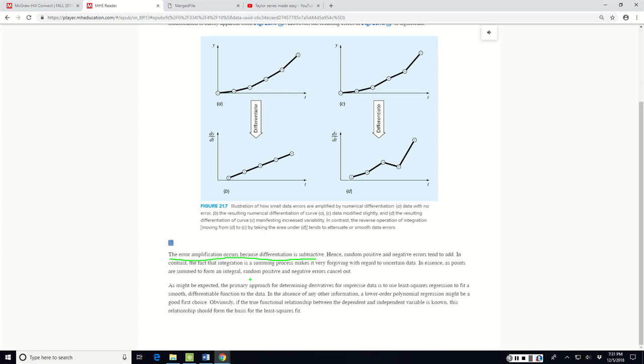So in the summing process of integration, the positive and the negative errors tend to cancel out. So it's more forgiving. In differentiation, this doesn't happen. So differentiation is more prone to error than integration. So that's a good conceptual question for the final.